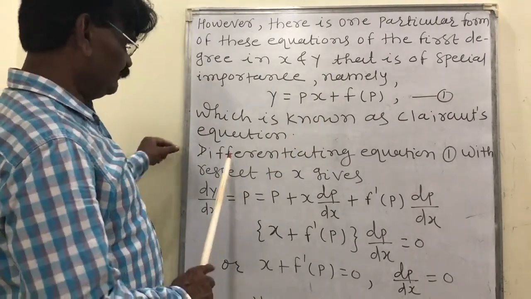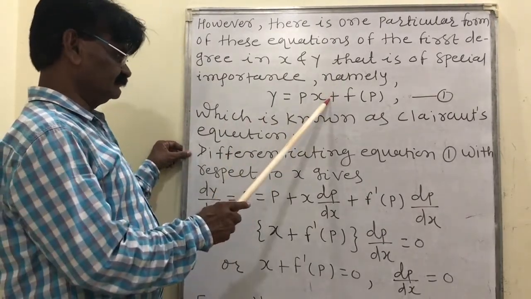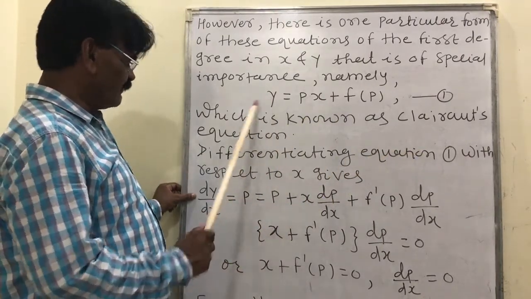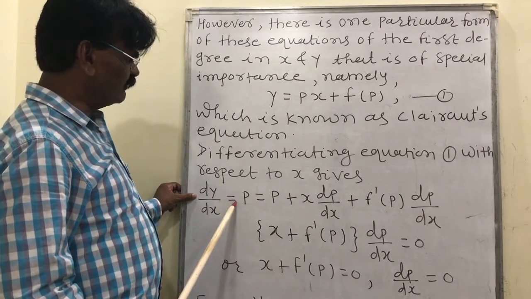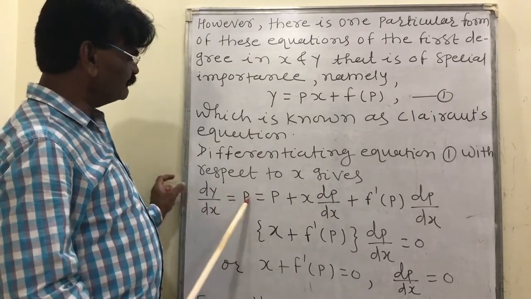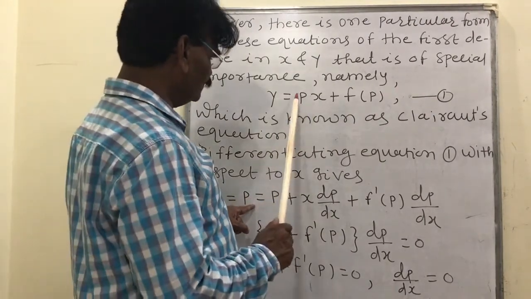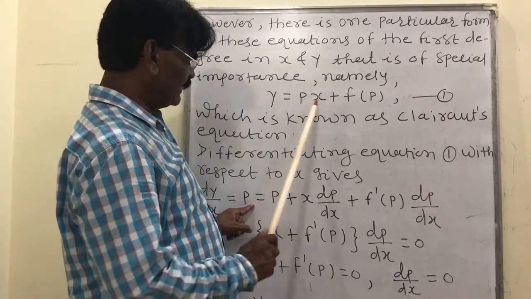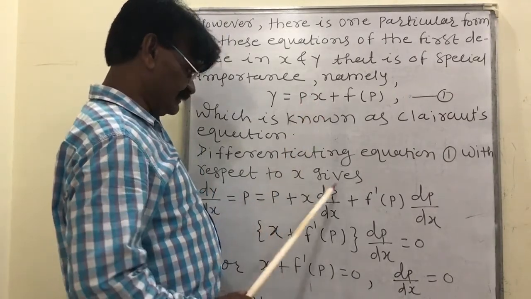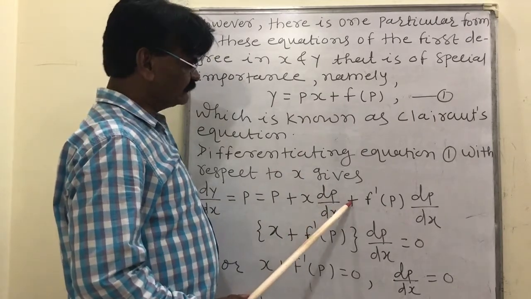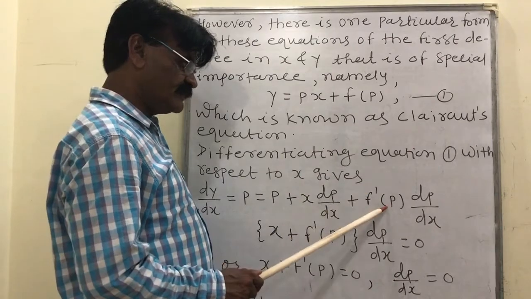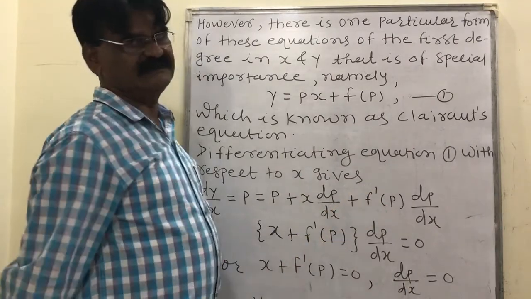Differentiating equation 1 with respect to x gives dy by dx, which means p, equal to p into derivative of x, which is 1, plus x into derivative of p, which is dp by dx, plus derivative of f of p, which is f dash of p, and derivative of p is dp by dx.